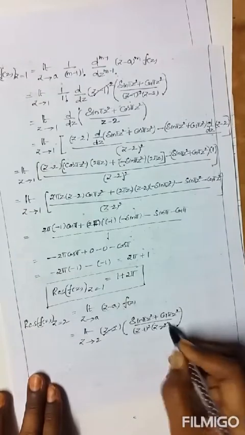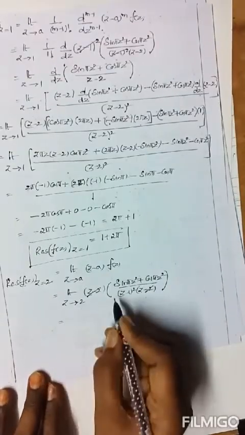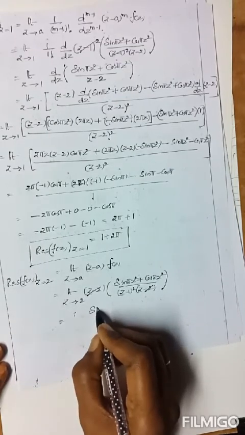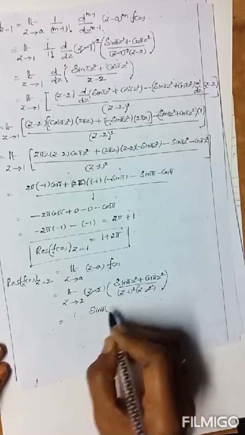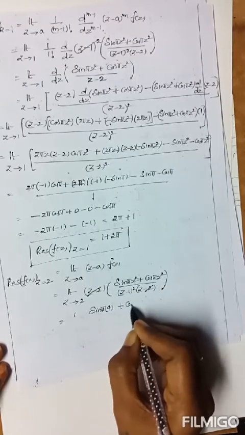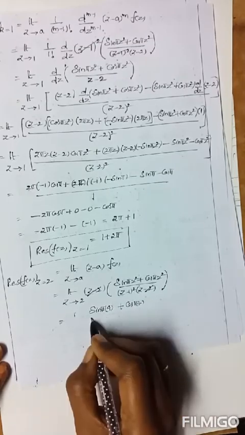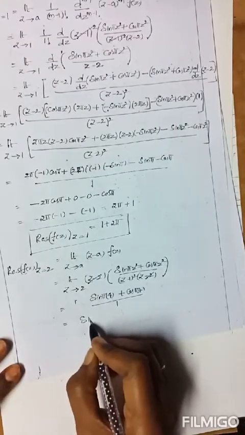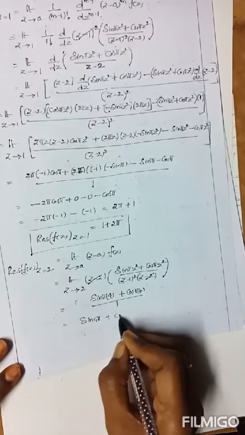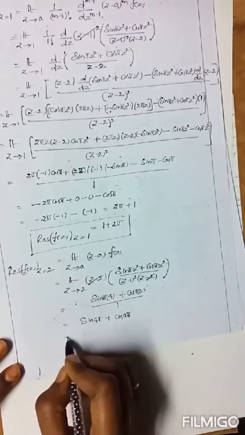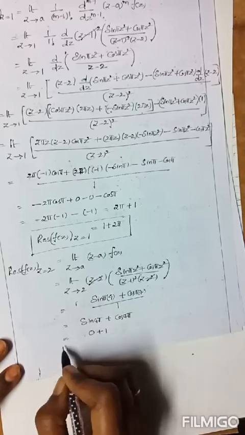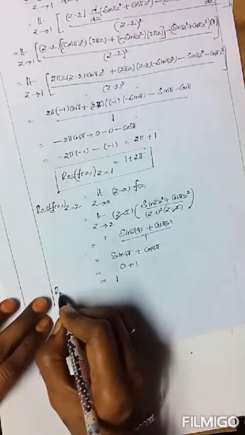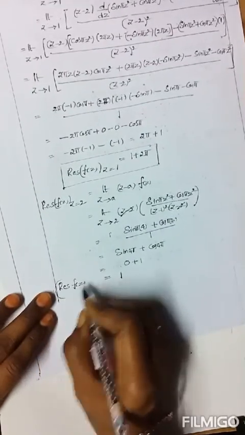Here these two get cancelled. Now, simple pole, no derivative here. Just write z equals to 2: sin(pi times 2 squared, which is 4) plus cos(4 pi), by (2 minus 1) whole square, which is 1. I mean sin 4 pi plus cos 4 pi. Sin of any multiple of pi is 0, cos of an even multiple of pi is 1. Totally the answer is 1. That is the residue of f(z) at z equal to 2.